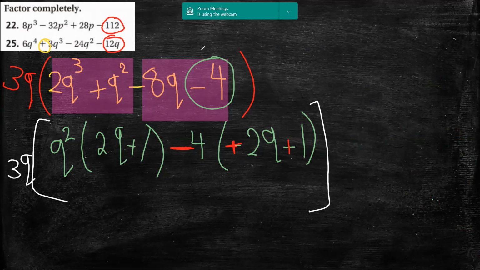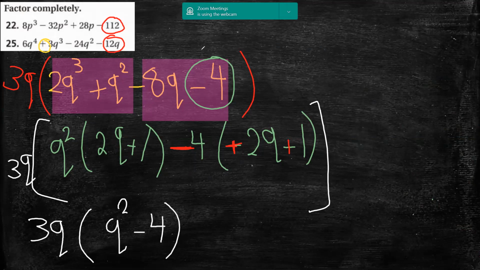So the total factors, after we factorize them, we will find that they are 3q times (q squared minus 4) times (2q plus 1). Is it right?